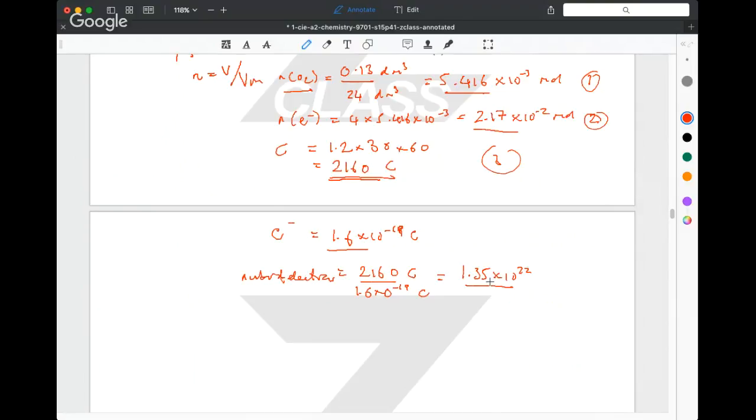So you've got the number of electrons, and you've got the amount of electrons. So you've got 2.17 times 10 to the minus 3 moles is equivalent to 1.35 times 10 to the 22. That's the number of electrons. But you're wanting to work out, so that was our number 4 there.